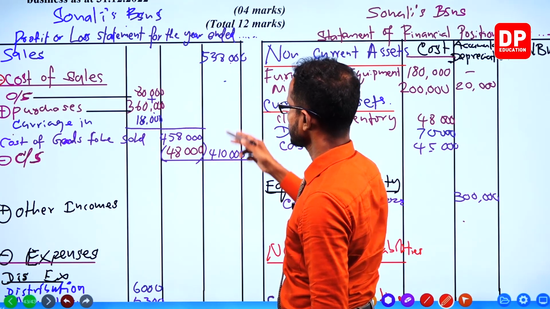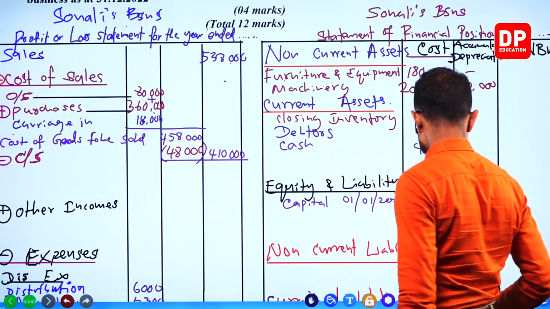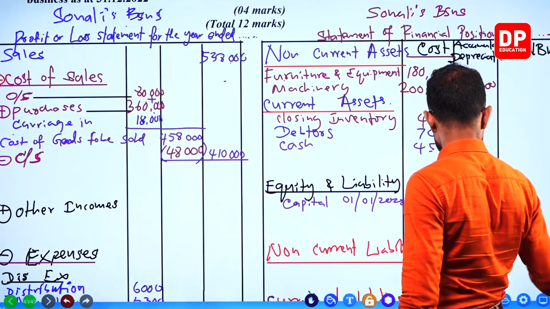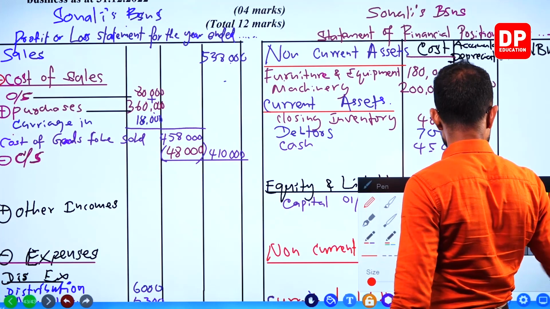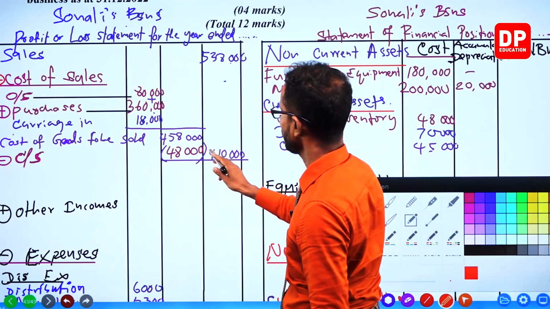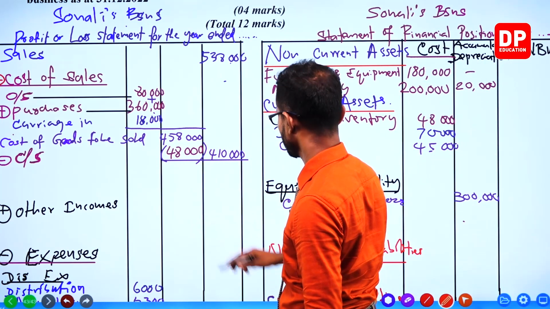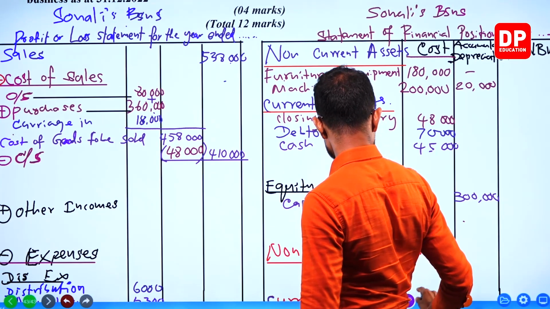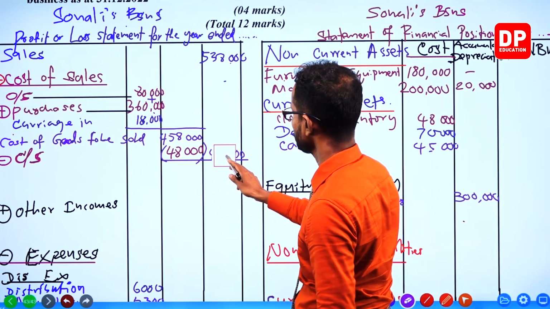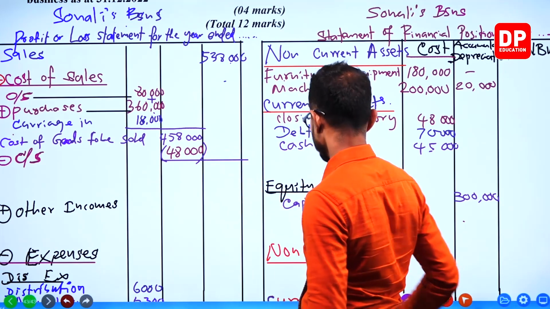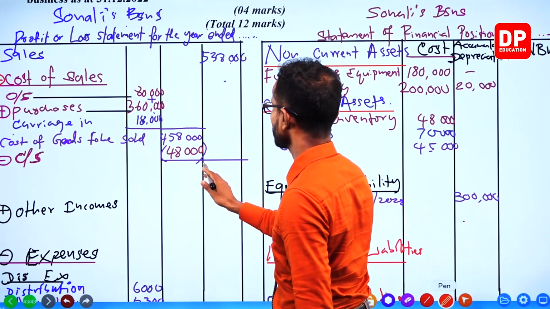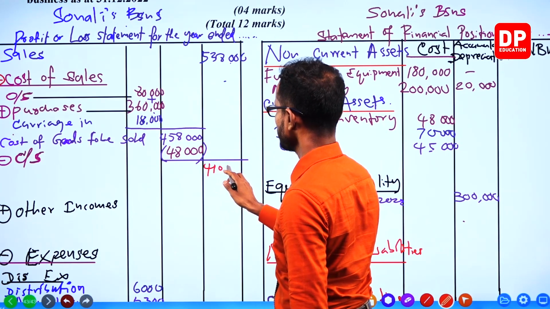You minus sales, you subtract this 410,000. Let's put that 410,000 under this line.